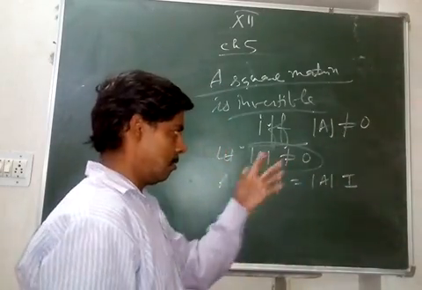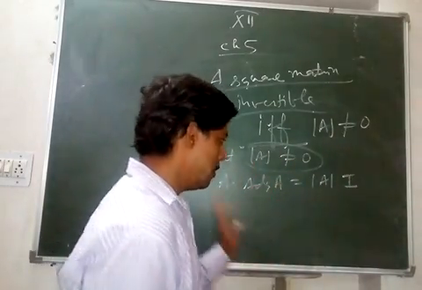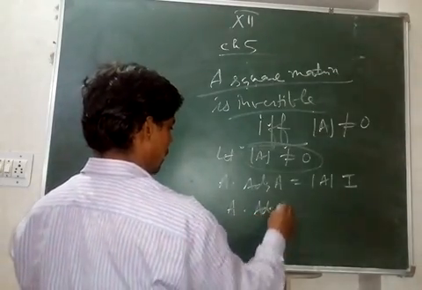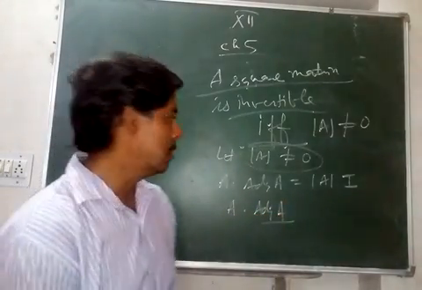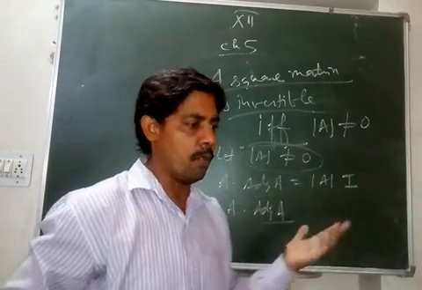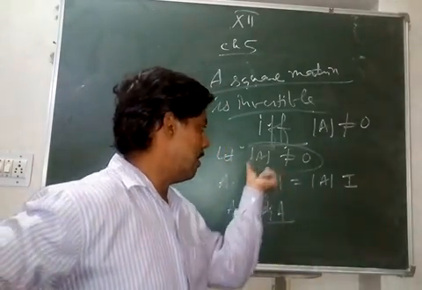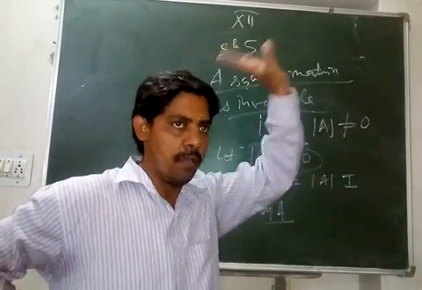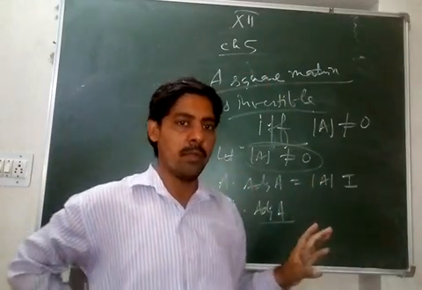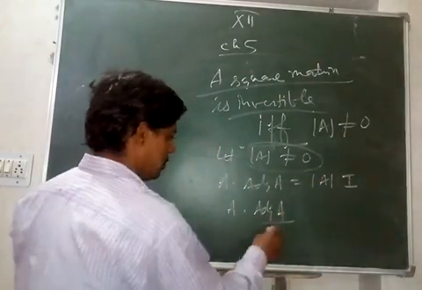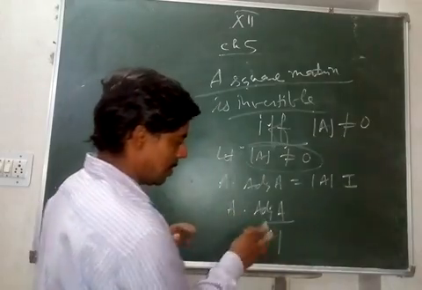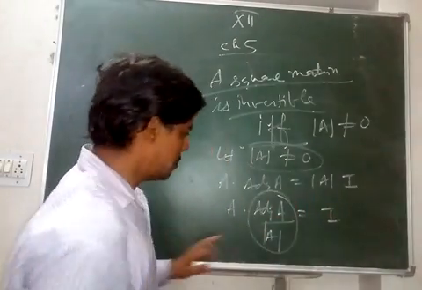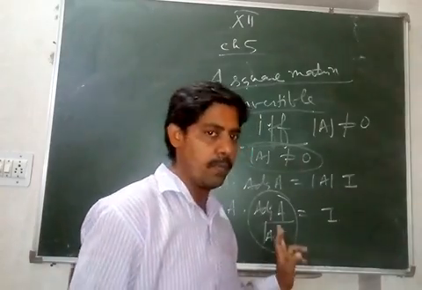Divide by determinant A, you will get A into adjoint A upon determinant A is I. Now somebody must have asked, how is determinant A different from modulus? Many ways. One way is that the value of determinant A can be negative, but modulus cannot be negative wherever you are studying the modulus function.